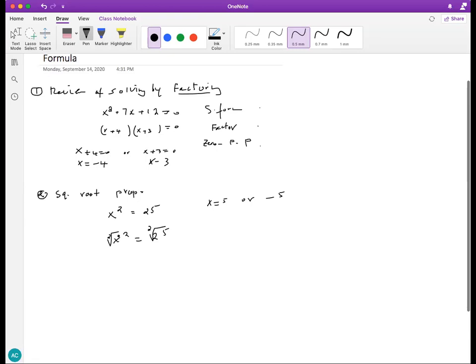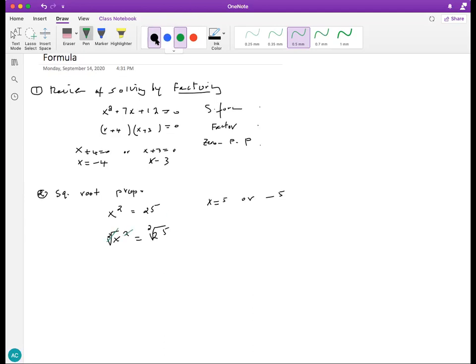As we said before in the previous lecture, the second power and the square root are opposites of each other. They cancel each other out. If you have one, you can apply the other to cancel both. So this and this cancel out. So you have x. And here we say plus or minus 5.